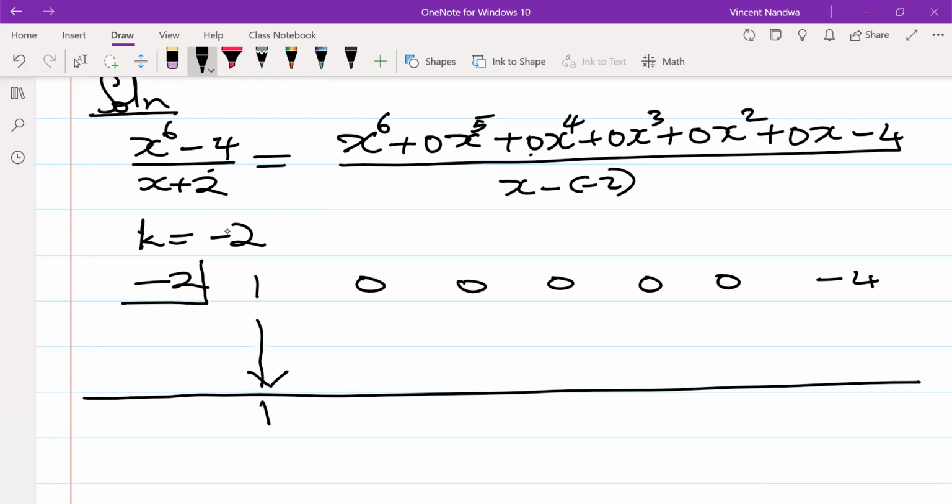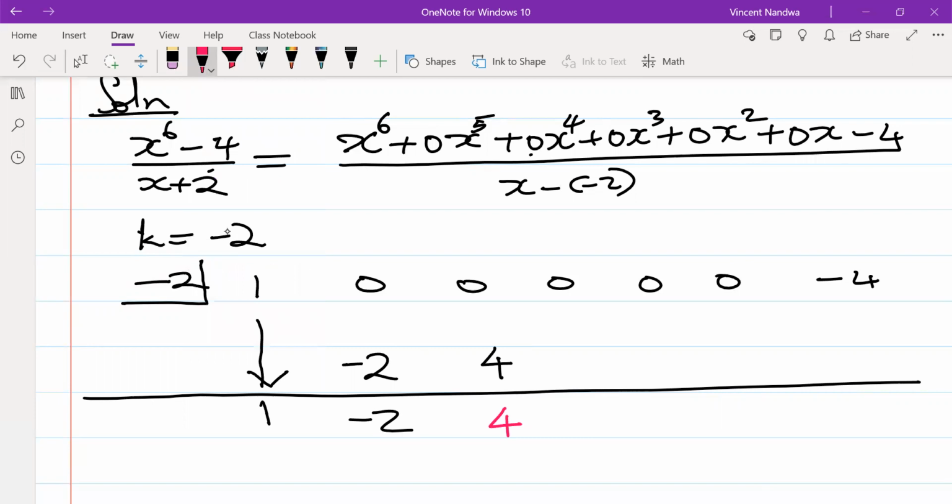Then you multiply 1 by negative 2, which is negative 2. And then you add, you get negative 2. And then you multiply negative 2 by negative 2, you get a positive 4. You add, you get 4.